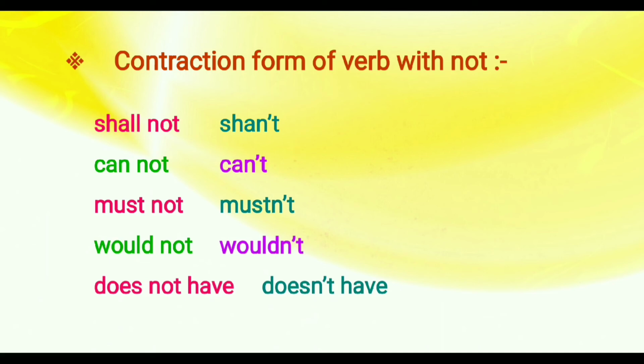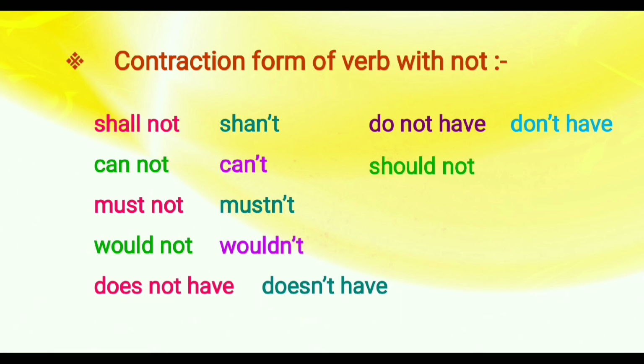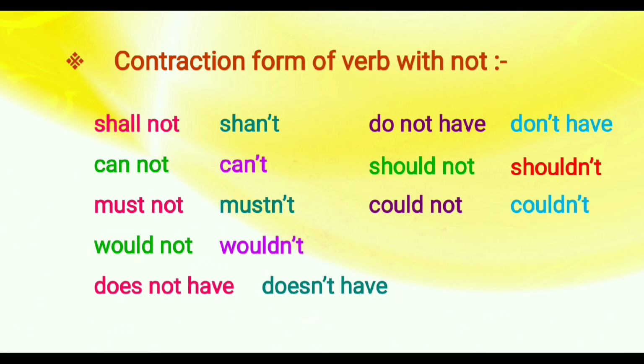"Doesn't have." Understand? "Do not have," "don't have." You use this type of word very frequently in your daily life, but you don't know the actual words, so that's why I have given some contractions to revise. "Should not," "shouldn't," "could not," "couldn't."